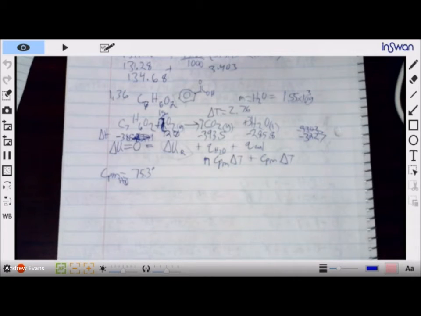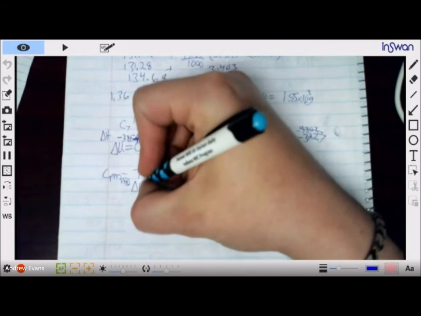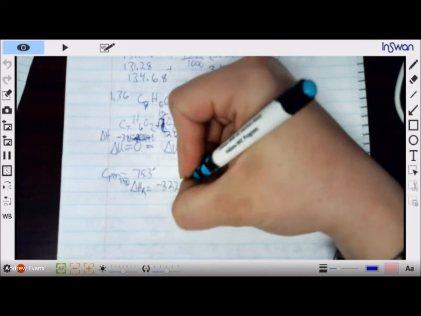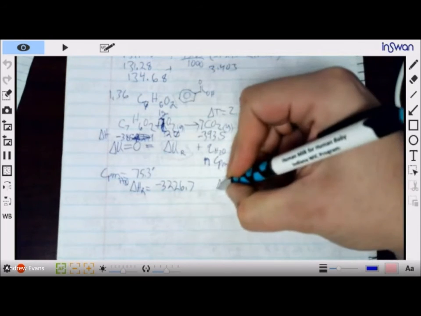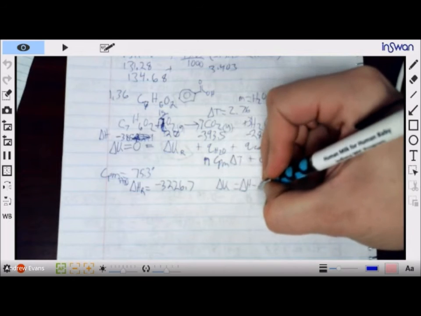And that's essentially what I get: negative 3,226.7. Okay, so the delta H of the reaction is negative 3,226.7. So delta U is delta H minus delta n RT.